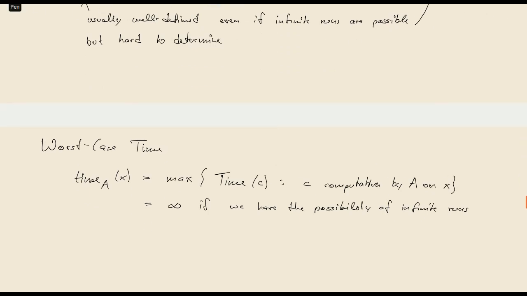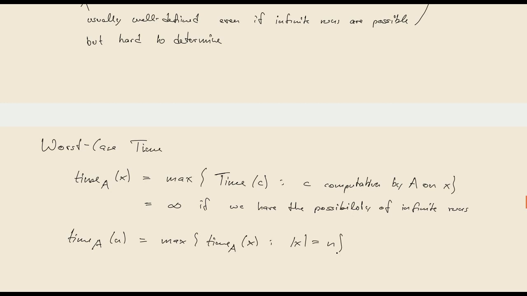Just to write that down. Of course, we maximize again if we use n instead of a specific input. We maximize over all inputs of that size. That's as always.